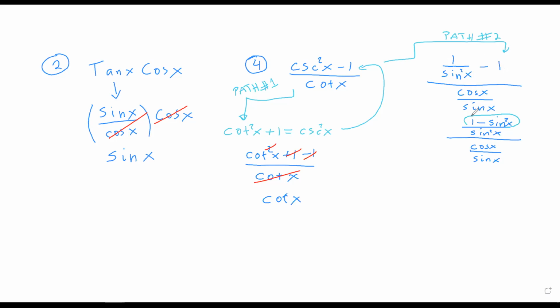Here we can also use the Pythagorean identity, where we know that sine squared of x plus cosine squared of x equals 1. So this would be the same as having cosine squared of x is 1 minus sine squared of x.